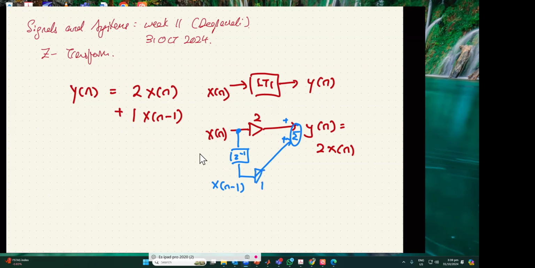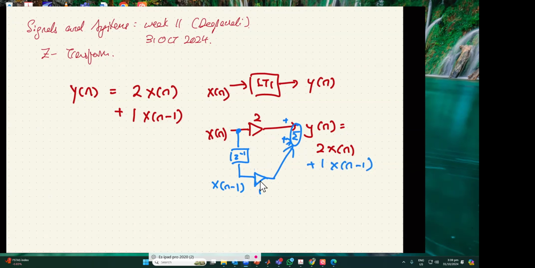This is a triangle as a multiplier. Let me draw it nicely for you. This is 1. So therefore, this is plus 1 x of n minus 1.